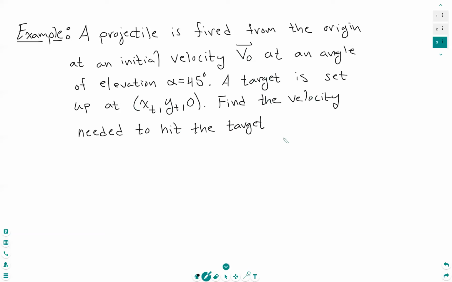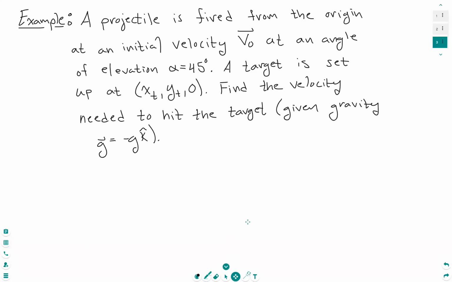So we're trying to find this v naught. Given gravity is negative g k hat. And we're going to ignore air resistance, all that good stuff. Okay. So let's do kind of a rough sketch here, what's going on.